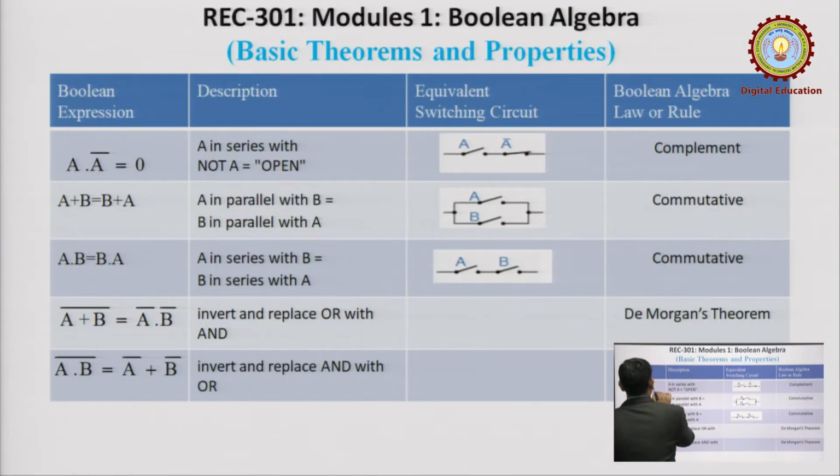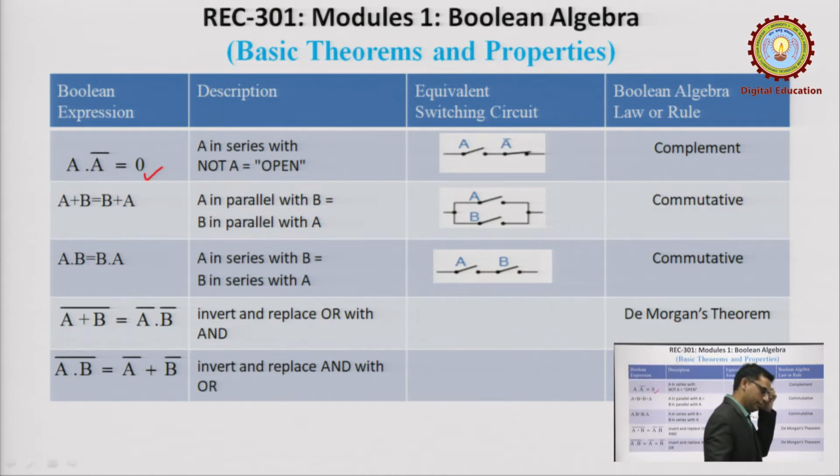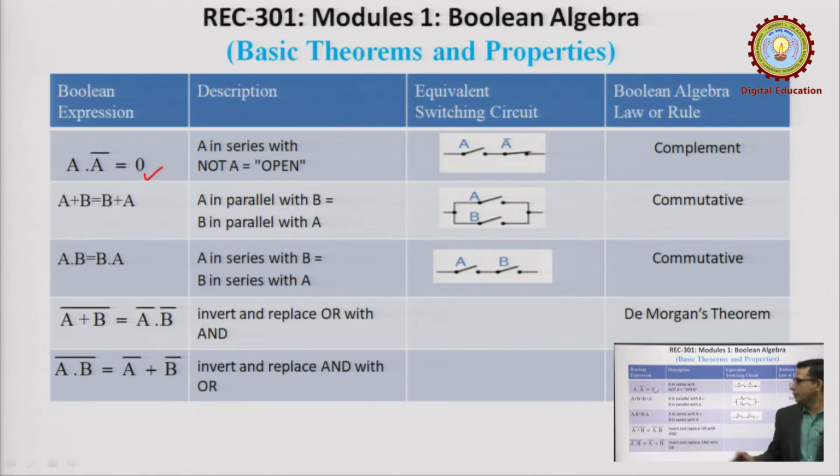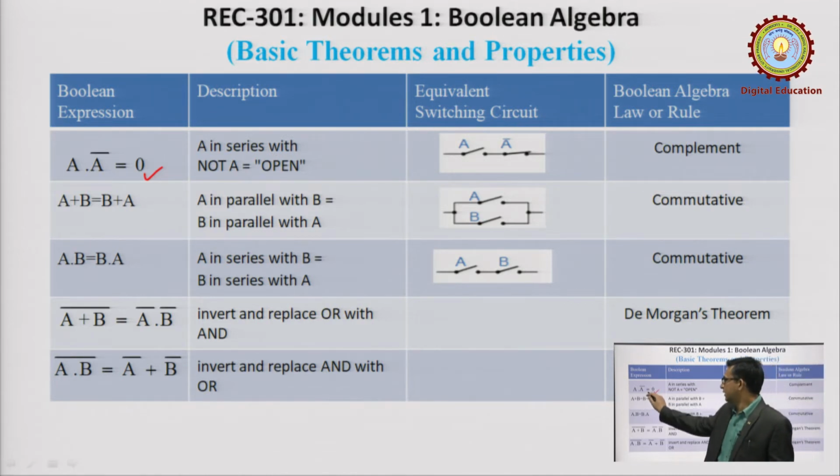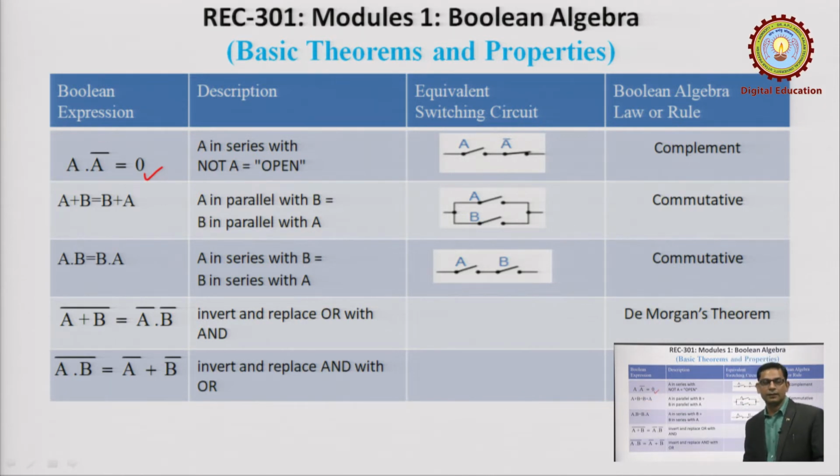Boolean expression: if we have a dot a bar, what does it mean? The dot represents a series circuit, while a bar is the opposite of whatever the value of a is. If a is in the high state, then a bar represents the low state.